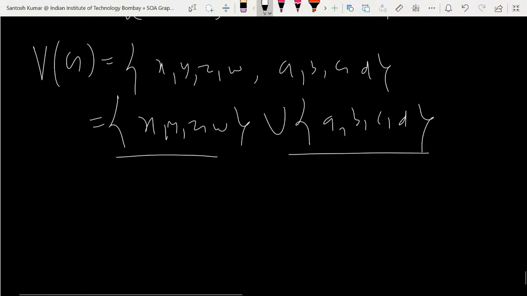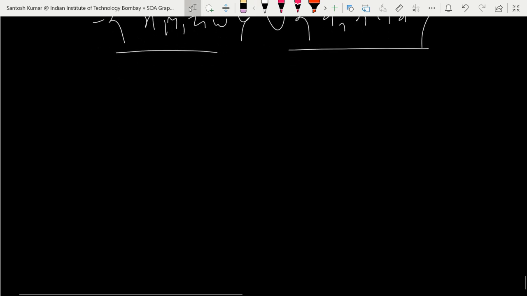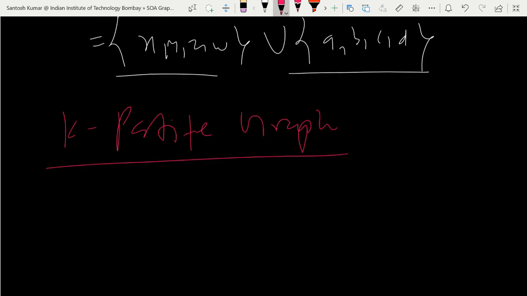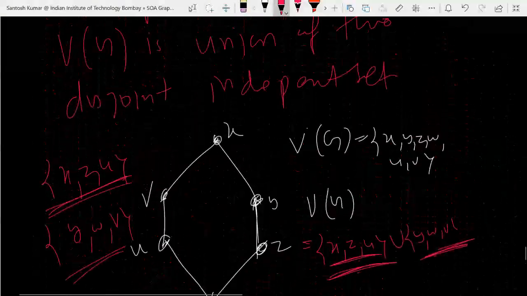Fine. So you can extend this definition to the k-partite graph. Can you define this on the basis of bipartite? Yes, you can generalize this definition.